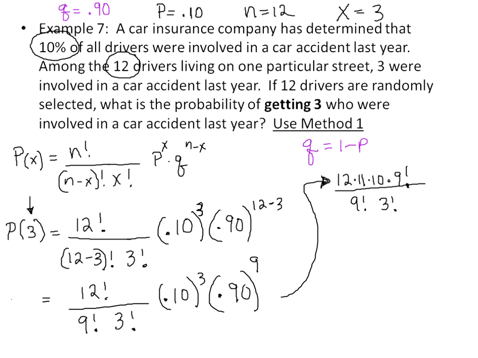You have a 9 factorial in the denominator. So that 9 factorial and that 9 factorial can cancel. So really you just have 12 times 11 times 10 divided by 3 factorial. That's just an option. If you want to enter it in your calculator where it's a little bit simplified, you can do that. Otherwise, if you just want to enter it this way, that's okay too.